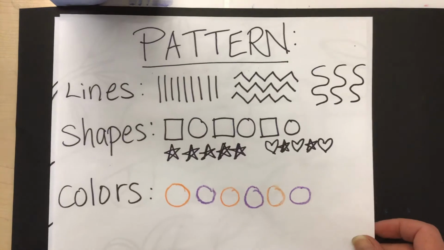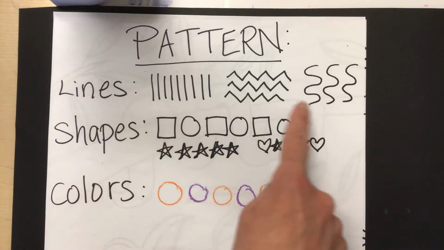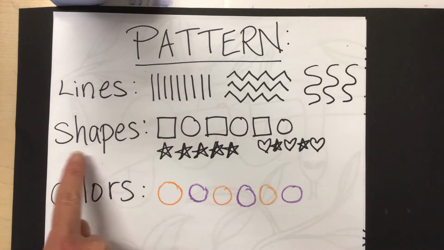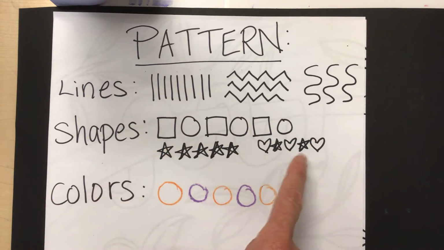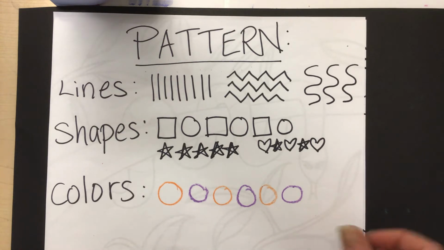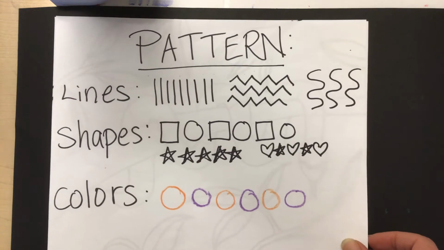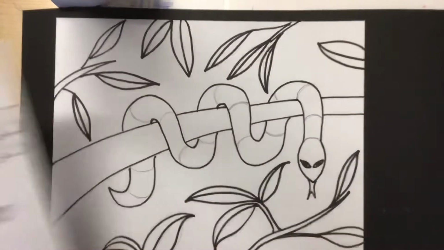So a pattern happens when lines repeat over and over again, or when shapes repeat over and over again, or when colors repeat over and over again. Patterns, as I mentioned before, can make things look more realistic. They can also just make things look way more interesting or beautiful as well. And I think in this case with our snake, it's going to make it look more real and more interesting.